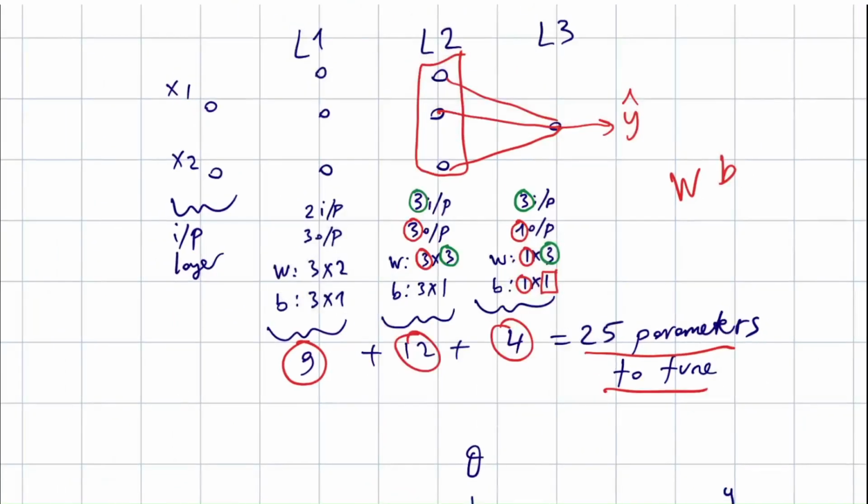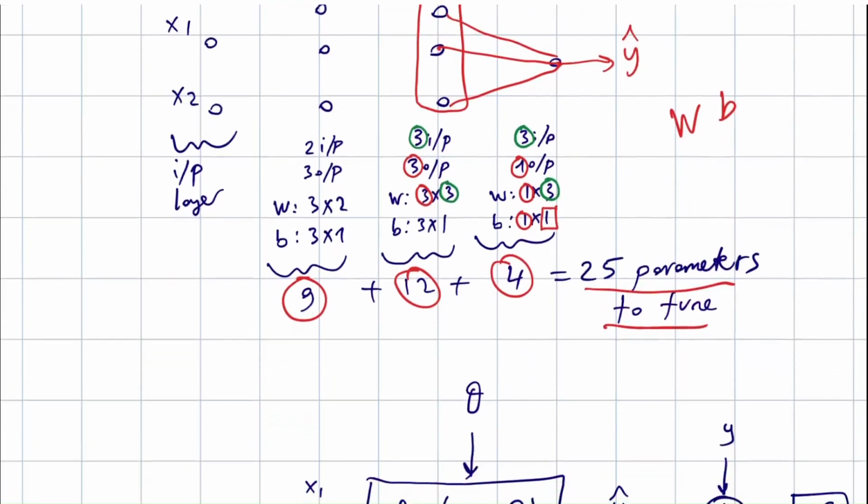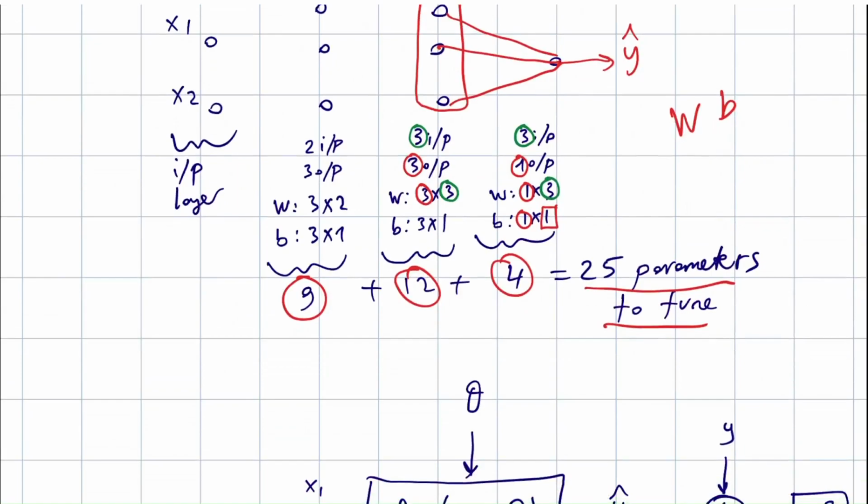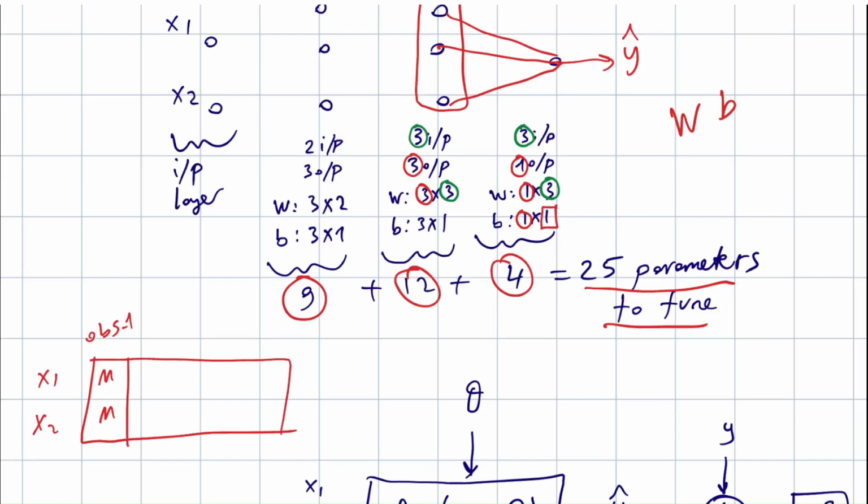The problem is this: we have a given set of observations. This is observation number 1, with some numbers, and this is observation number n, for example.